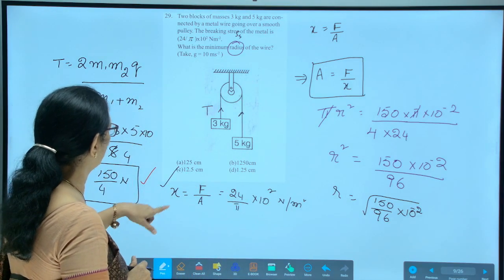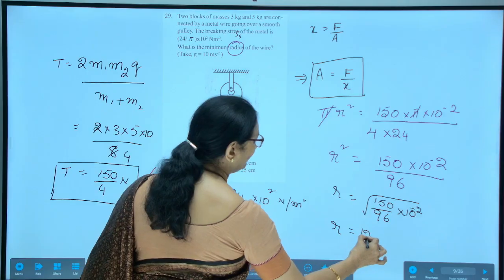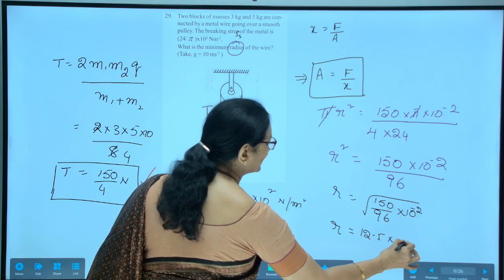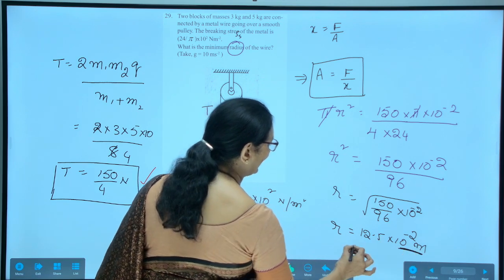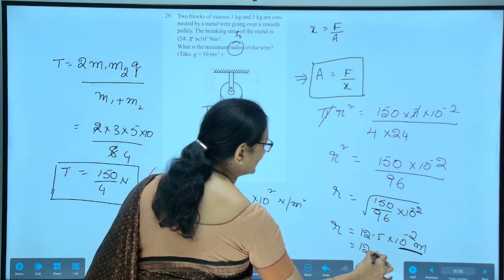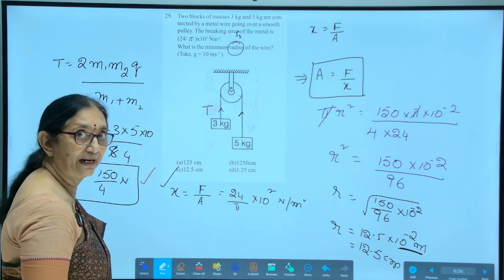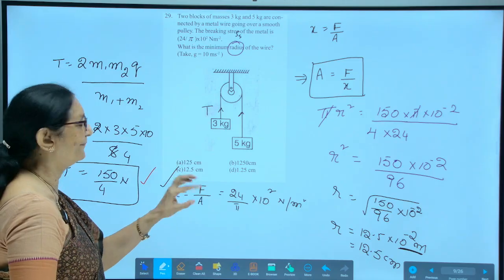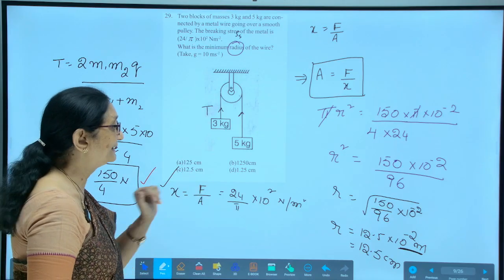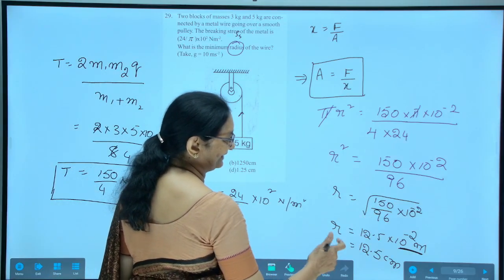So from that we get the radius as 12.5 into 10 power minus 2 meters. 10 power minus 2 is centimeter, so the answer is 12.5 centimeters. That is the right choice. You have to be cautious. Here all the numbers are the same, 1, 2, 5, but the decimals are different. From this you can estimate the thing.